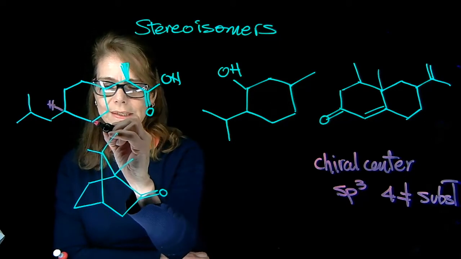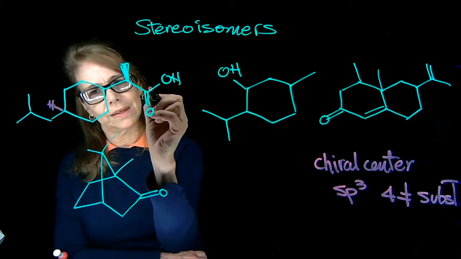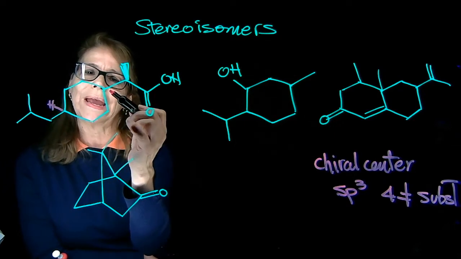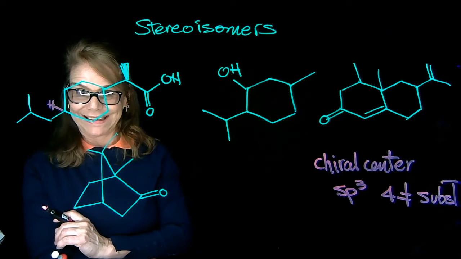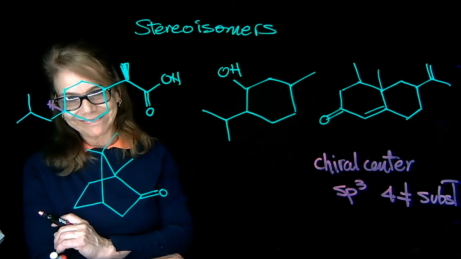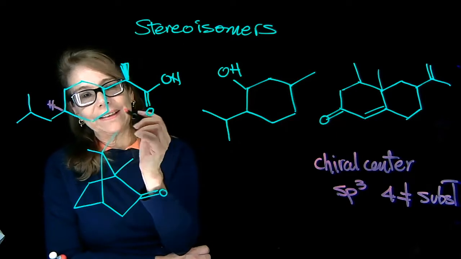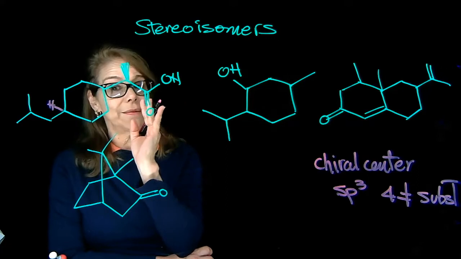Traveling this way, I see CH2, and then this carbon and all of that. And here, traveling, CH2, and that carbon. So actually, they are the same. So not a chiral center. And so if this is the case, again, what we're looking at is the connectivity. So if 2 substituents are the same, there's not a chiral center.